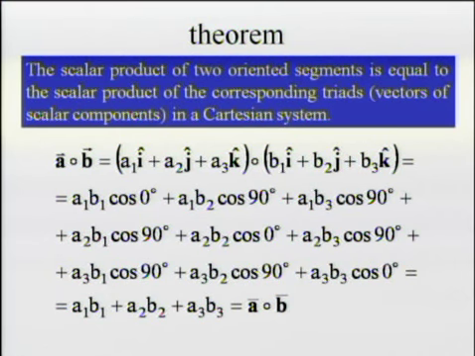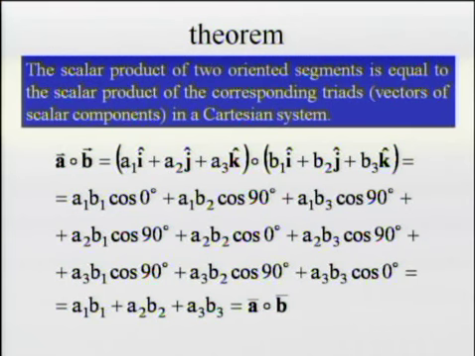I want you actually to be flexible with this, because in one situation it will be easier to use directly the definition of multiplication of arrows, and in other situations it will be easier to use the arrays. So if I know scalar components of the two vectors, what formula would I use to calculate scalar product?